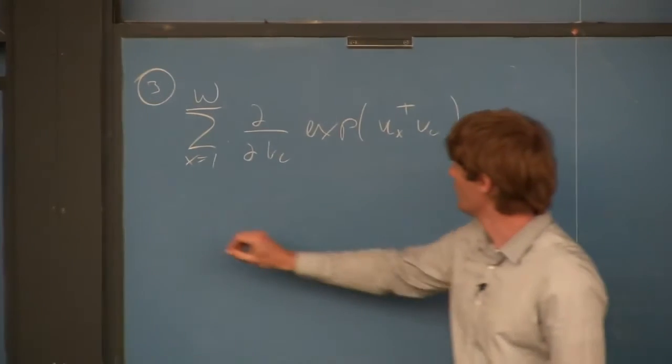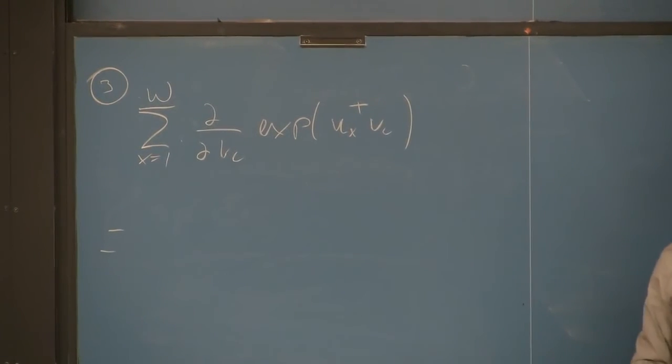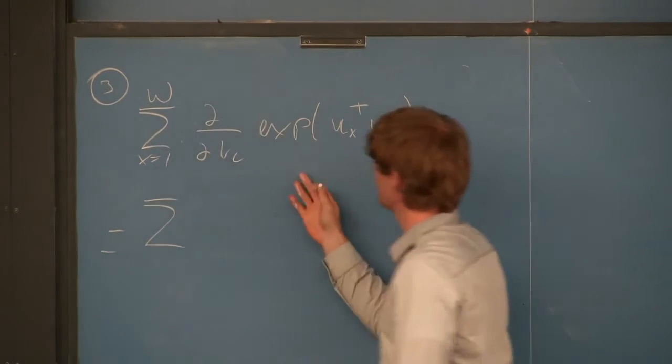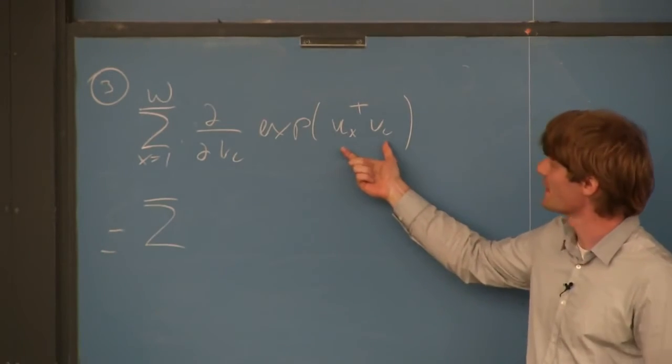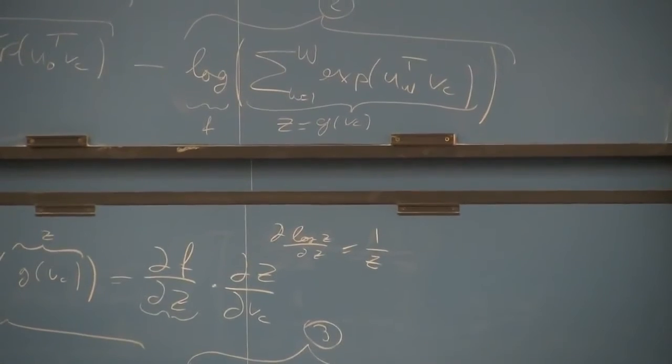All right, now what is the derivative of the exponent of something? Exactly. Again, this is just a chain rule. We have here a function f, and some other function g of vc, which just happens to be an inner product, and we basically just apply the chain rule.